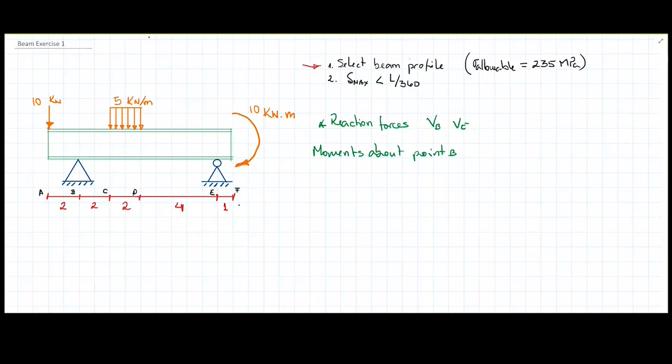We're going to have then that this force is going to be minus 10 times 2, plus 5, this distributed load, times the length of the load, which is 2. Then the point of application is going to be 3, basically from this point to the middle of the point of application of the distributed force.